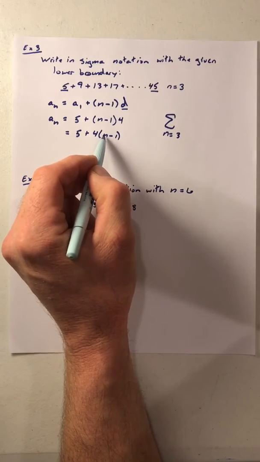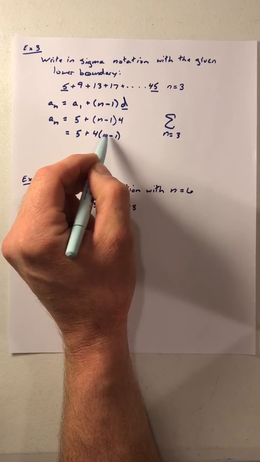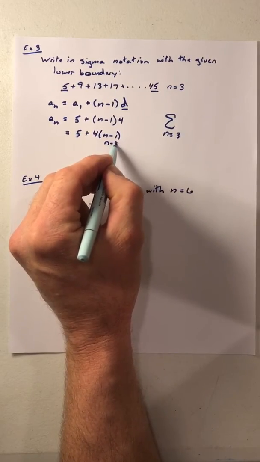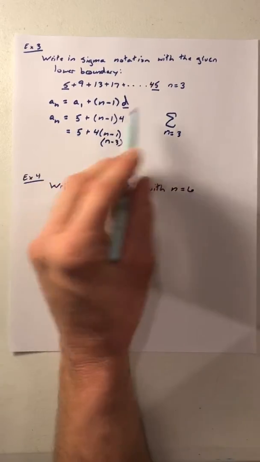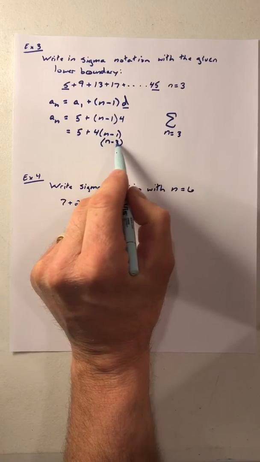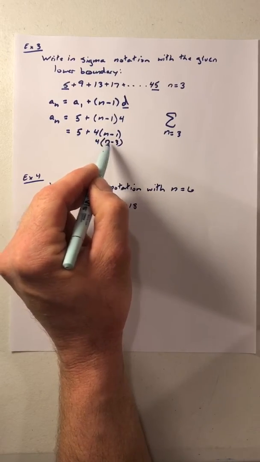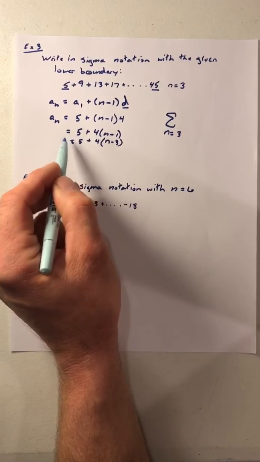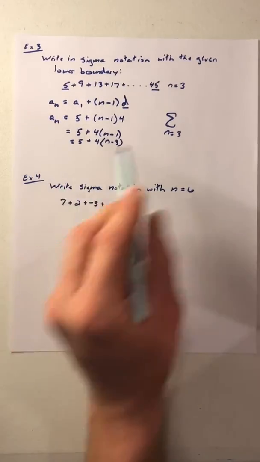So in order to zero this out, that n minus 1, when I plug in 3, is really going to be an n minus 3. Because if I plug in 3, 3 minus 3 gives me 0. Multiply that by 4, I get 0. Adding to 5, I end up with 5 as being my first term.